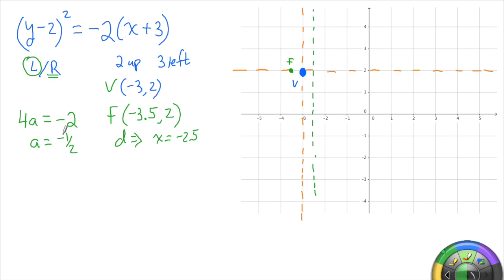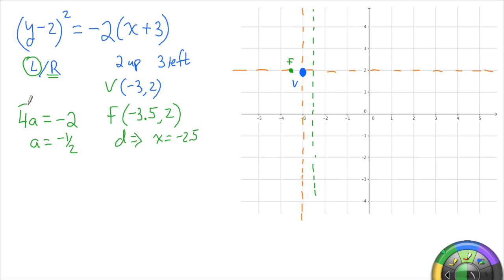All right, now for the latus rectum. Now, the latus rectum is going to go 2a up and 2a down for a grand total of 4a. If you didn't notice that in the last one, when the foci was 2, you would go 4 up and 4 down for a distance of 8, which is 2 times 4.